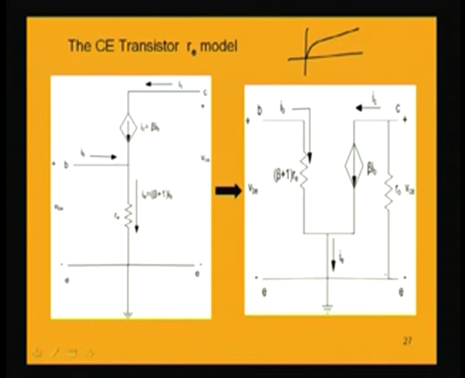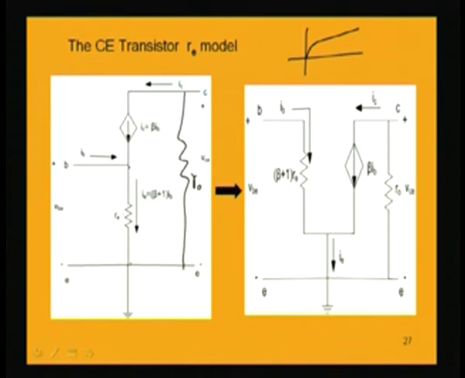That is why the slope has to be represented by this output resistance. Of course, this value is high. So, now in this circuit we have a resistance ro here also. Now, if I look into this resistance, the current flowing through this resistance is beta plus 1 times IB.